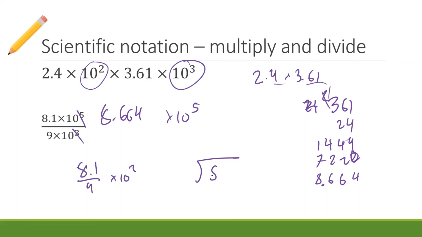How many 9s go into 81? 9. We end up with 0.9 times 10 to the power 2, or 9 times 10 to the power 1, or just 90. And that's an interesting way you could do that one.